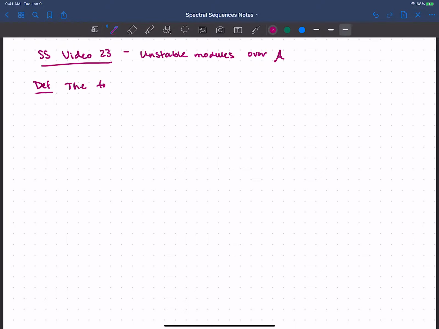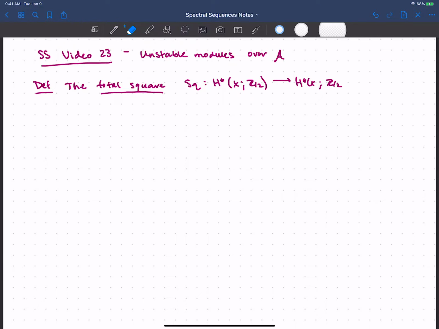To look at our first example, I'm going to define the total square. I'm not sure that this terminology is necessarily common, but let's call it that for now. So this is just going to be Sq. This is going to be a natural transformation from the cohomology of X in mod 2 coefficients, where X is some space, to the cohomology of X in mod 2 coefficients, and all this is supposed to do is collect up all of the squares.